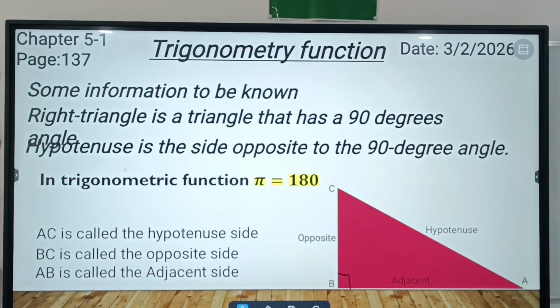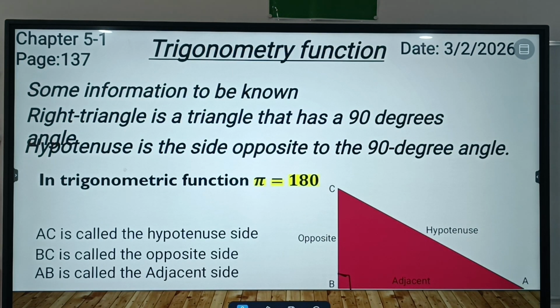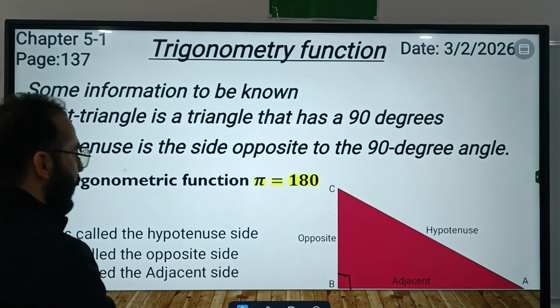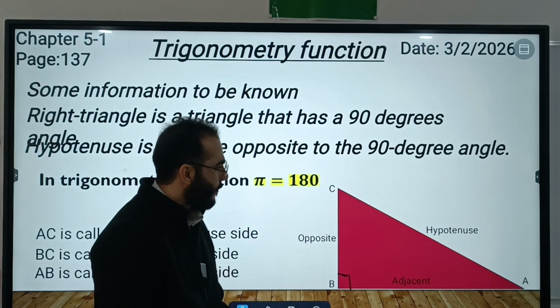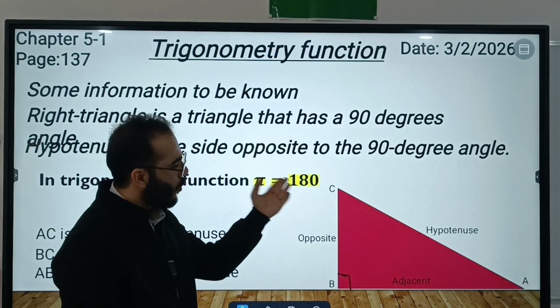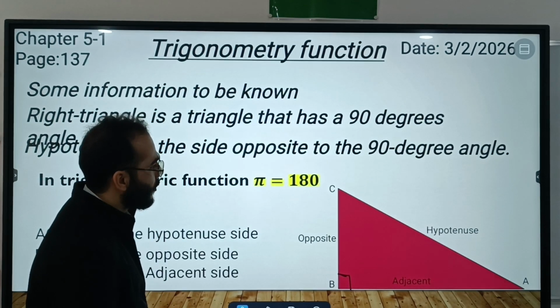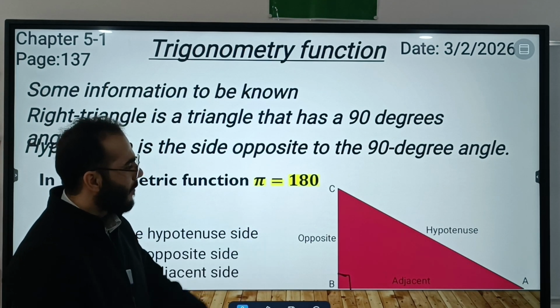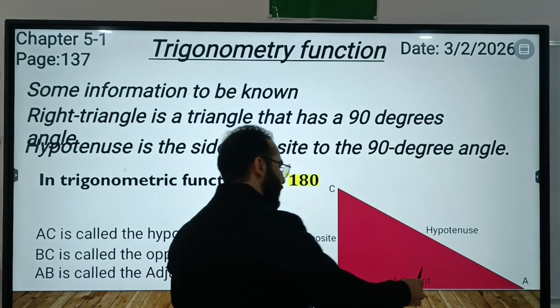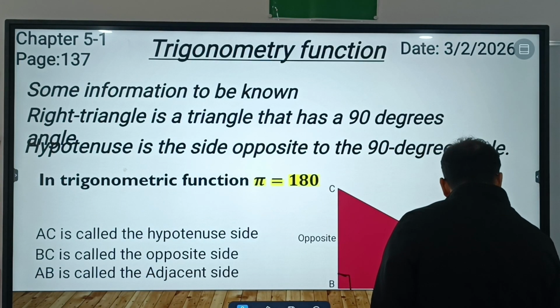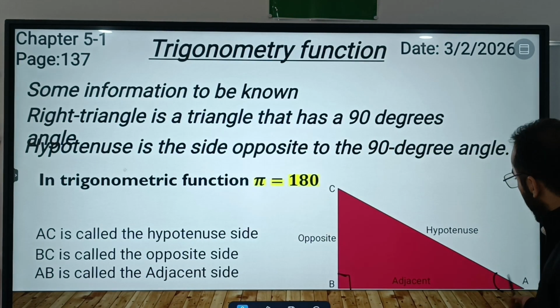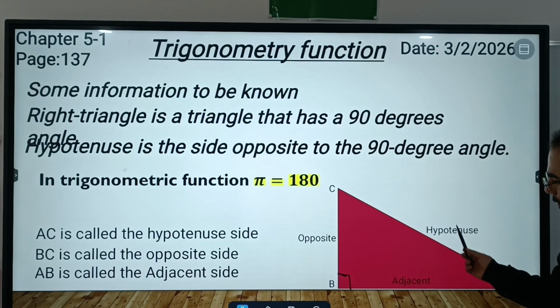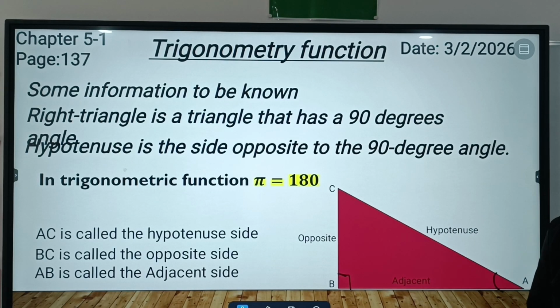Let me just check the video whether it works perfectly. And yes. So the triangle, as you can see over there, is a right triangle. Side AC or CA, it doesn't matter how you name it. AC is called the hypotenuse regarding angle A, because it's exactly in front of the right angle.